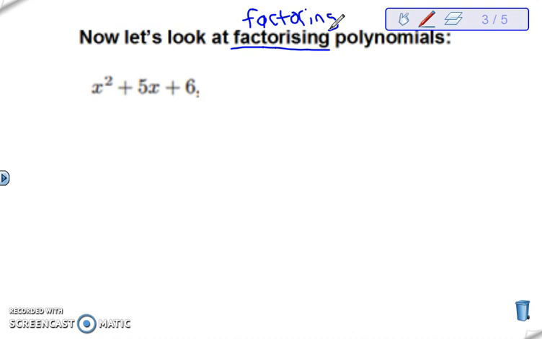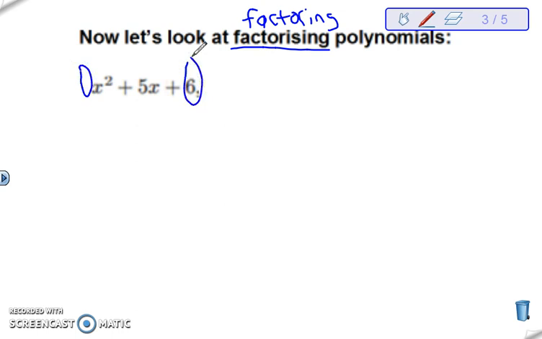Same thing. If we remember from class, we said factors are numbers that multiply to make other numbers. So for factoring a polynomial, we're just going to figure out another set of binomials that would multiply to make the polynomial we have.